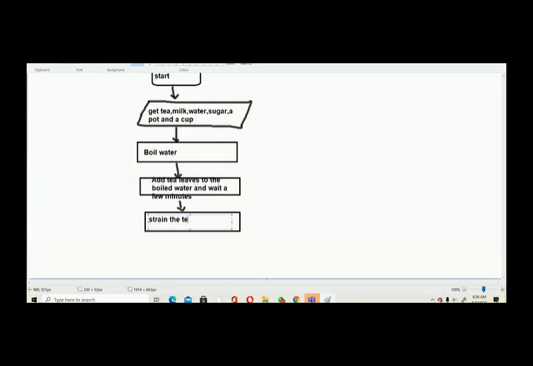Strain the tea, milk and sugar: straining the tea leaves and adding sugar and milk, and mix them together. Then you have the cup of tea. So if you want, you can write this in two steps. Then last, what is your output?